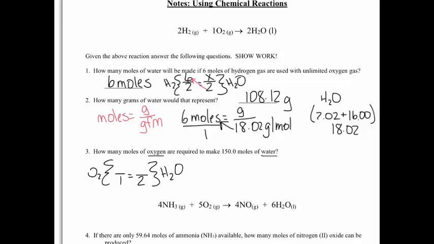We are looking for the moles of oxygen, so that's where I'm going to put my X, and we were given 150 moles of water. Don't really have to do anything to get rid of this 1, so really all I need to do is do 150 divided by 2, which is 75. And we solve for moles of oxygen.